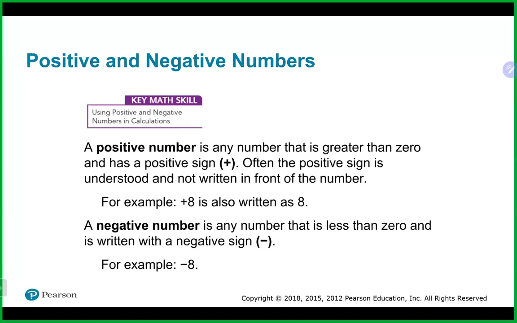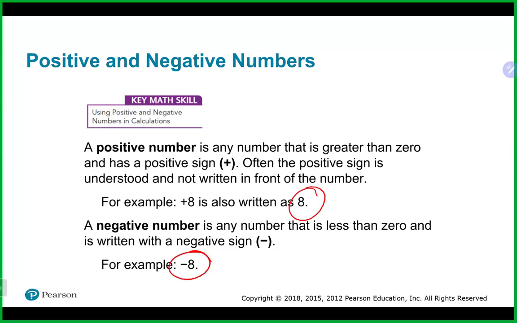Also, when you're doing some basic math, a reminder, we sometimes have negative numbers, and we have positive numbers, and understanding how to treat those is also really important. For a positive number, we typically don't write the positive sign with it. Like in this example, we typically just write 8. It's assumed that if you don't see anything there, it is a positive number.